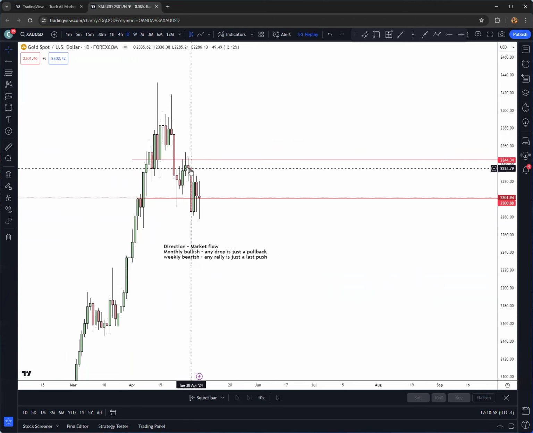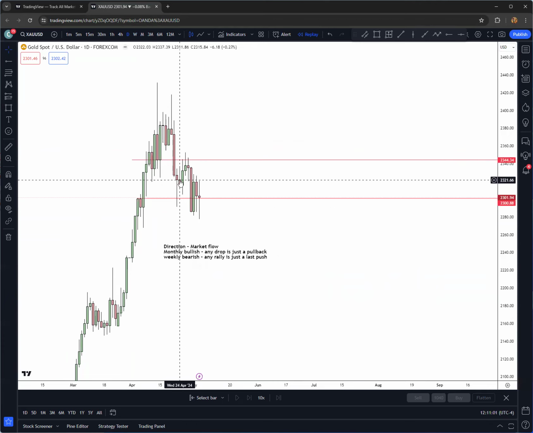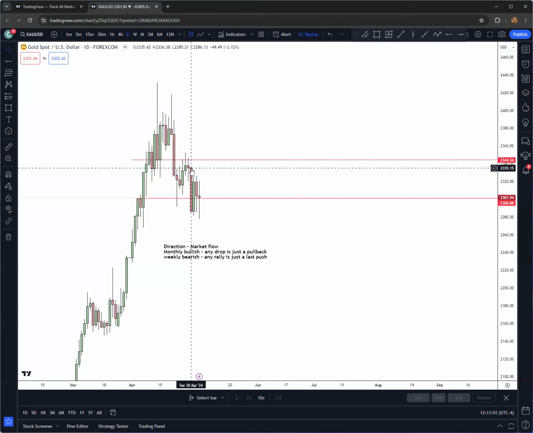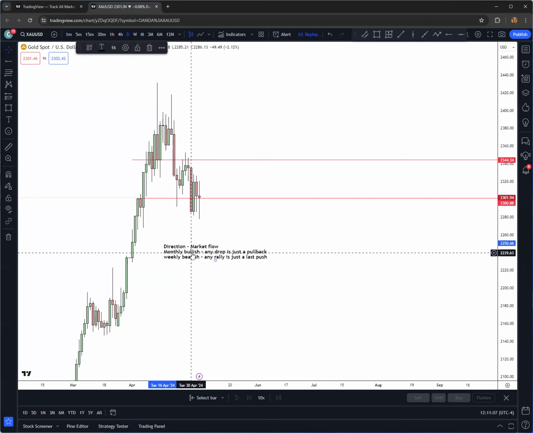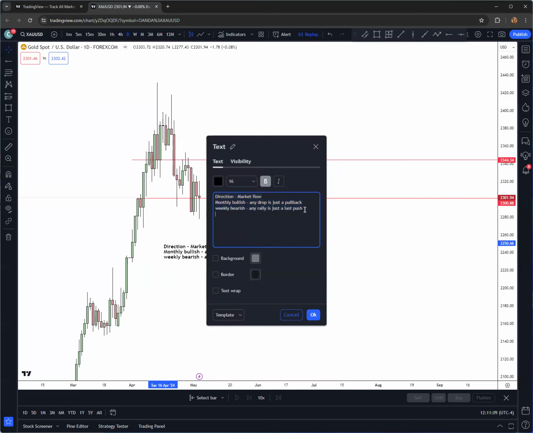And we have a daily decision level here. We have this rally decision that went up. And this guy broke this and this. So daily is bearish. What do we have as market flow?